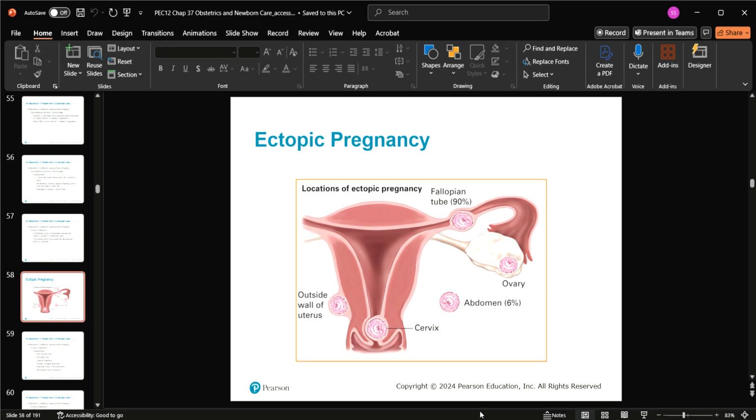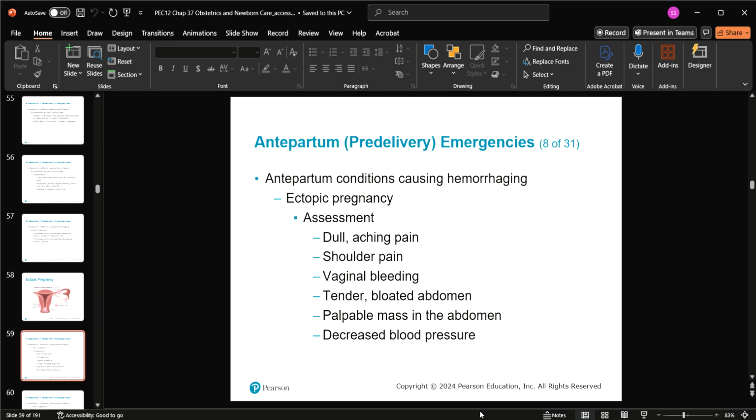What can happen is that it can rupture, causing a rupture of the fallopian tube, and now we have internal hemorrhaging and a medical emergency. It's incredibly painful, this requires surgery, and we need to get the patient to the hospital as quickly as possible. How do we manage it? We're going to talk about that after we talk about some of these signs and symptoms.